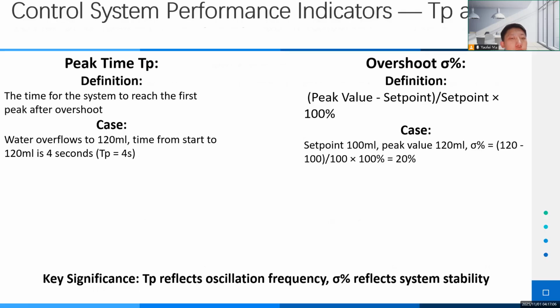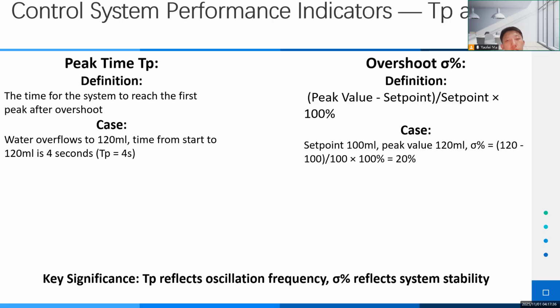Next are two more indicators: peak time and overshoot. First, peak time is the time the system takes to reach its first peak after overshooting. Example: when pouring water, you overshoot and get 120.